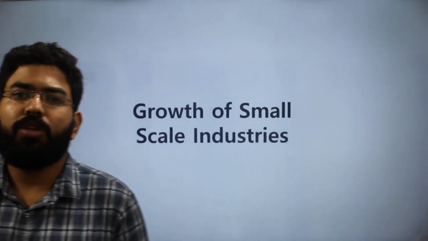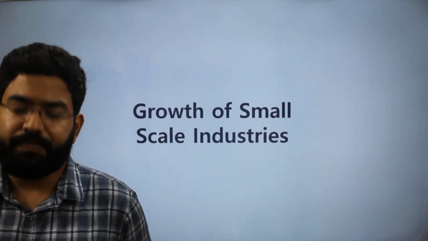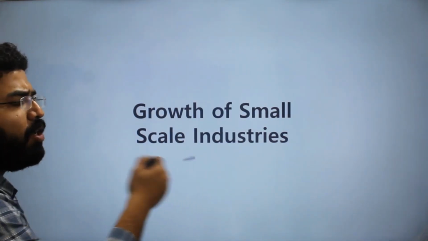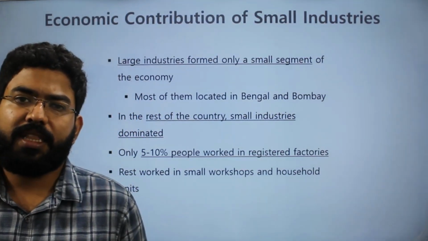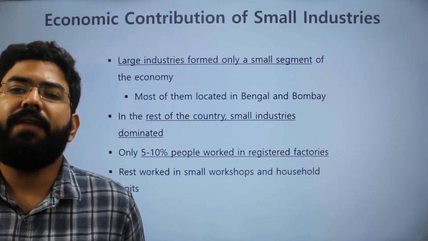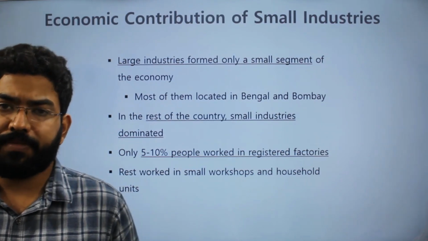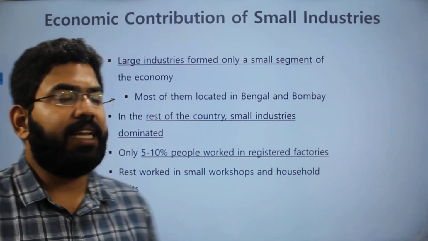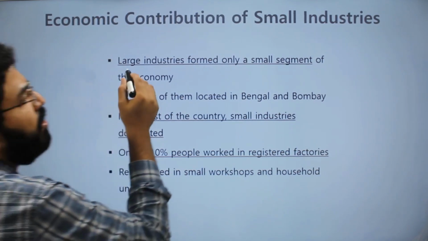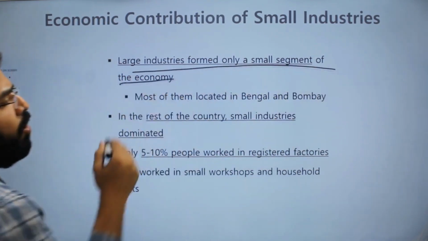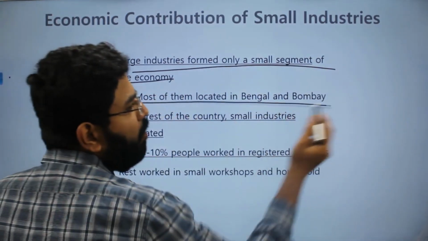Now, we'll discuss the growth of small scale industries in India. Even though we are talking about cotton mills, large mills, Manchester mills, this is just 5 to 10% of the total production. The majority of the work was still in small scale industries. The large industries formed only a small segment of the economy, most of them located in Bengal and Bombay.